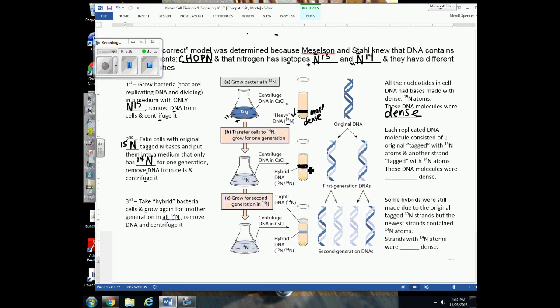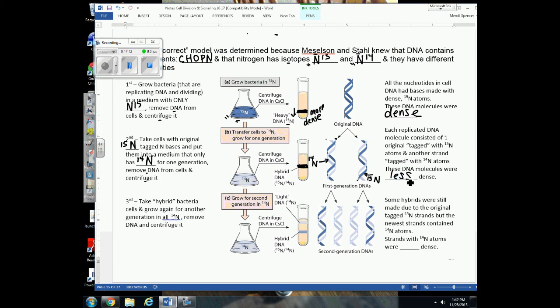The reason is that the DNA that was made had a copy of the original strand and then a newly synthesized strand, and this lighter strand had nitrogen 14 atoms in those bases. And the same with the other one. It had the original strand, and the original strand had nitrogen 15 atoms in it. And so when we spun them out, they had a density that was less than those DNA molecules that were all nitrogen 15.